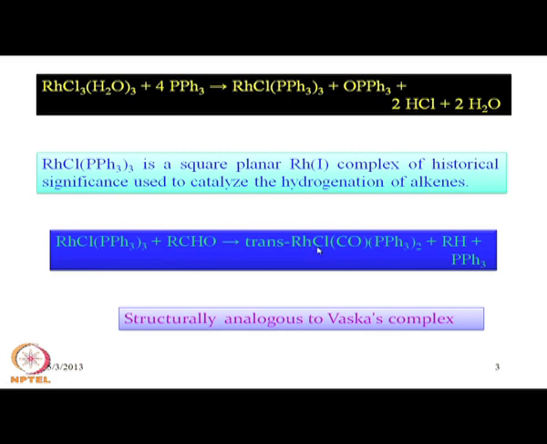The Cl minus, which was originally present with the metal salt because we are using rhodium chloride as the starting material, so it is a chloride salt. So, Cl minus is still present, which is one of the ligands. Then we have reacted it with triphenyl phosphine, so triphenyl phosphine is our second ligand.